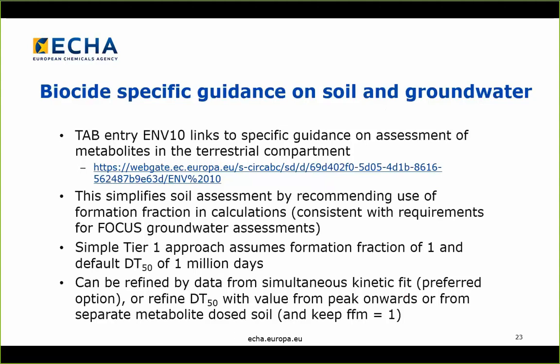We call that either top-down or peak onwards. Or you might be able to refine this approach using data from separate metabolite dose studies. But the guidance says in those situations where you've got a DT50 from a separate metabolite dose study, keep the formation fraction to 1. That's right, isn't it? Yes.